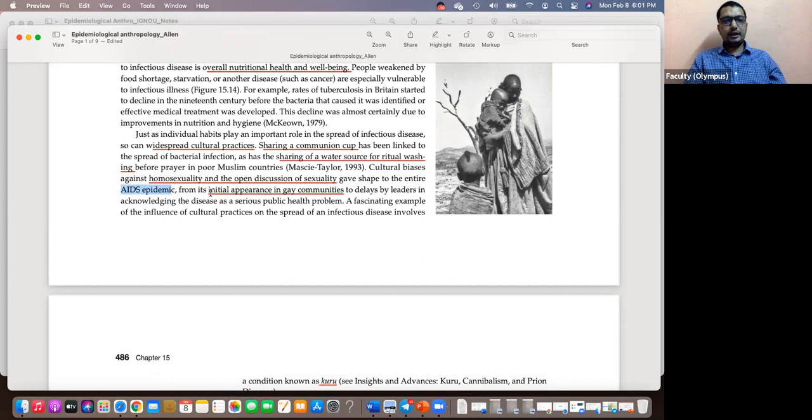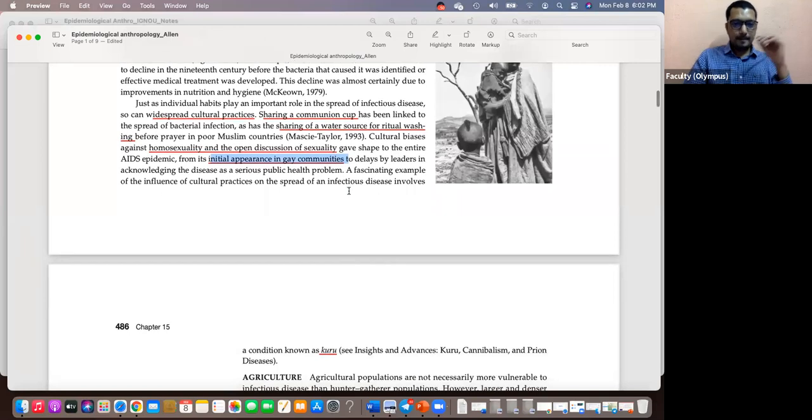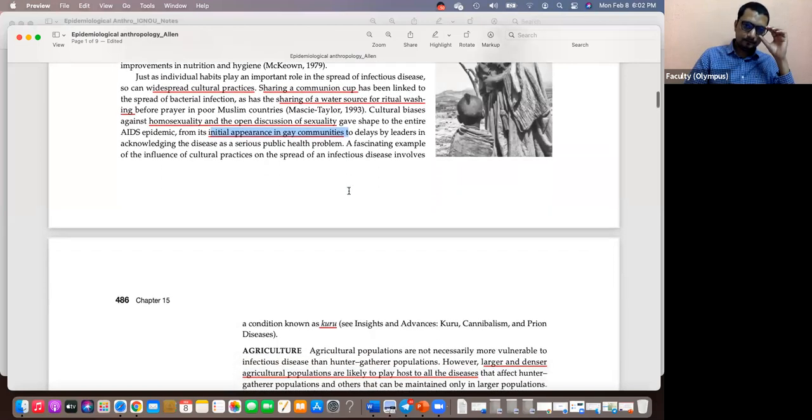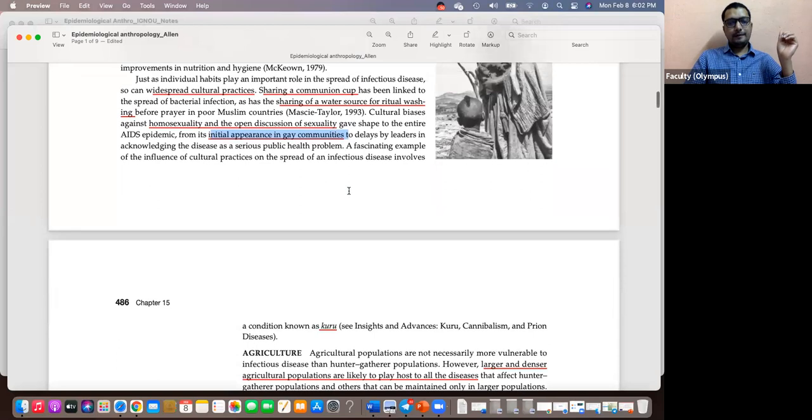Initially, it appeared in gay communities. In the US, for example, it appeared in gay communities because of sexual discrimination.